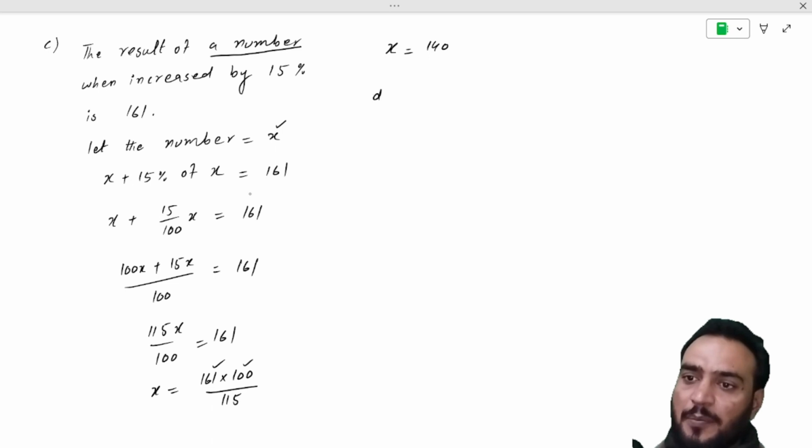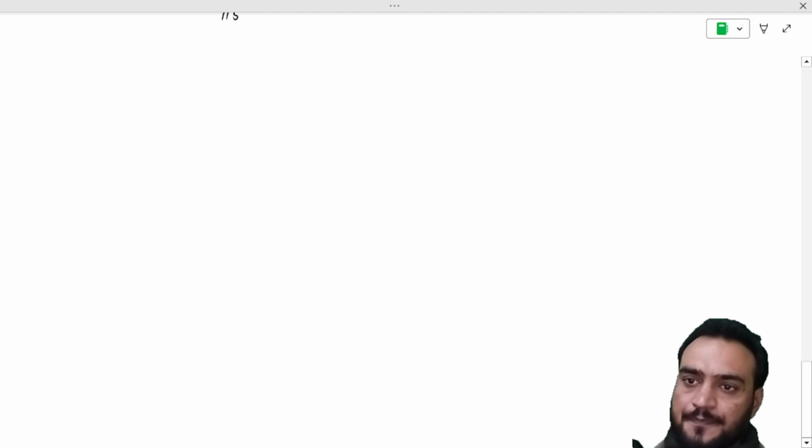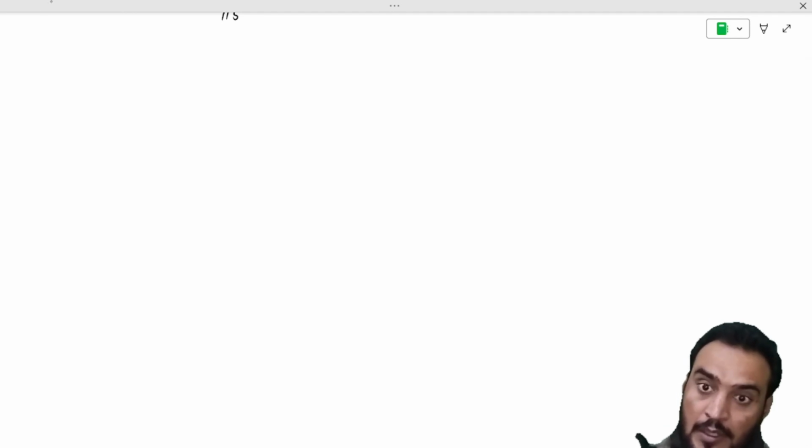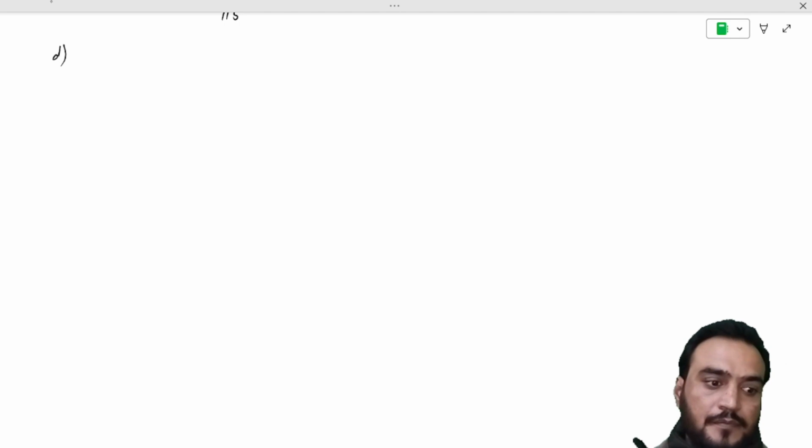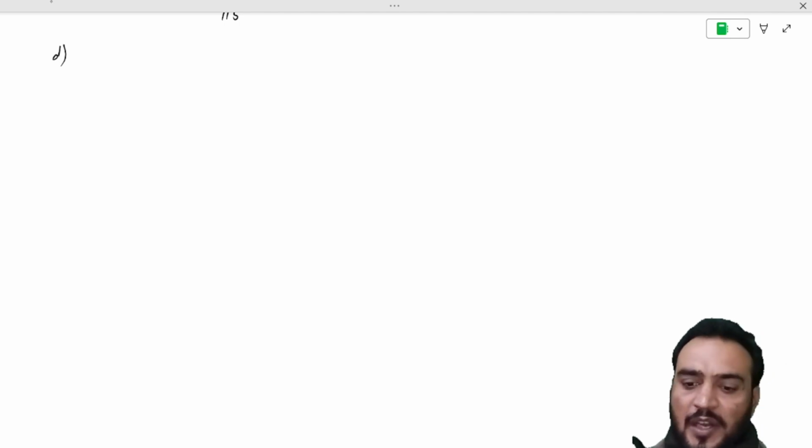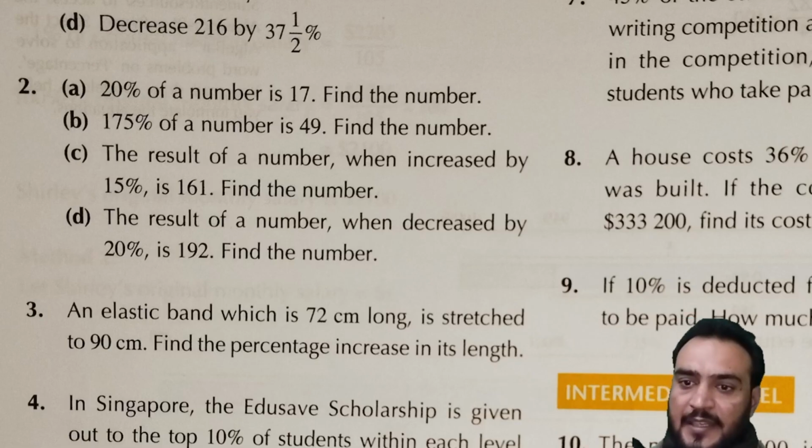Now let us solve the part D. In the part D, he is saying that the result of a number when decreased by 20% is 192.